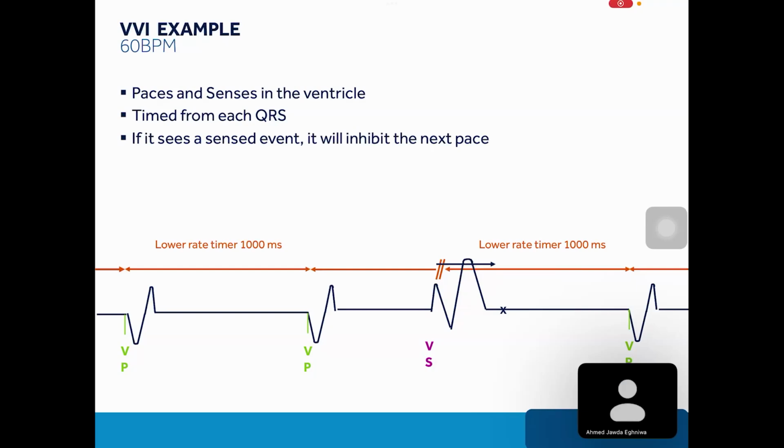Why does it inhibit? Here the mode is VVI, it senses in the ventricle and paces in the ventricle, and the I is the response to a sensed event, inhibition of pacing.